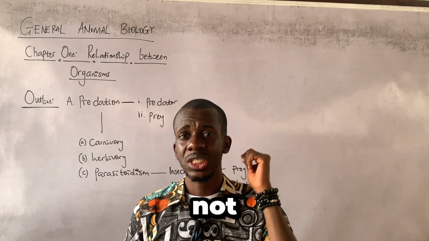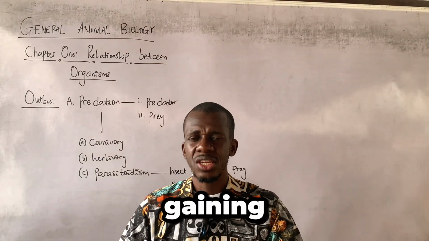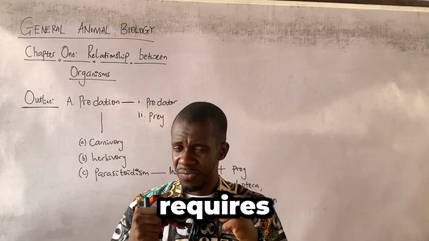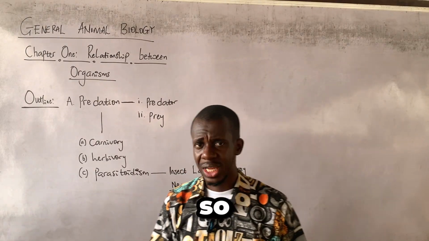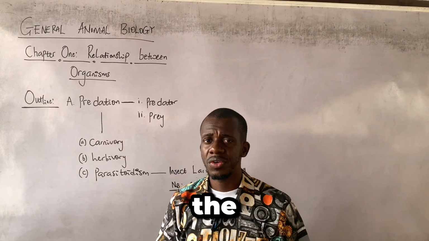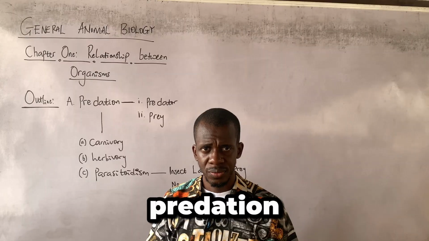So it does not kill the prey until it is done gaining all the nutrients that it requires from the prey. You see that now? Excellent. So that is the first aspect of the relationship between organisms. It is known as predation.